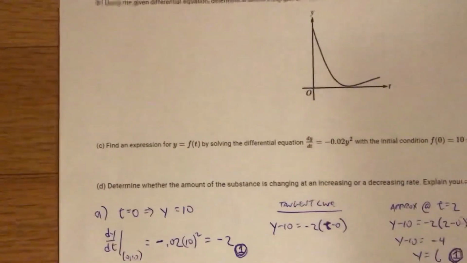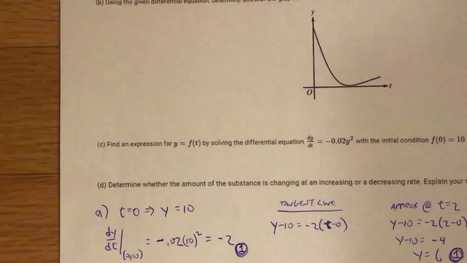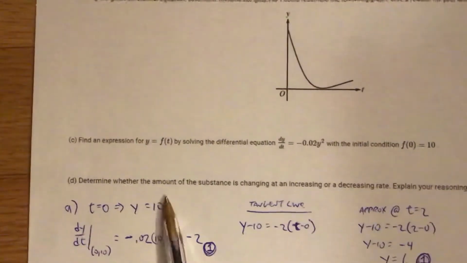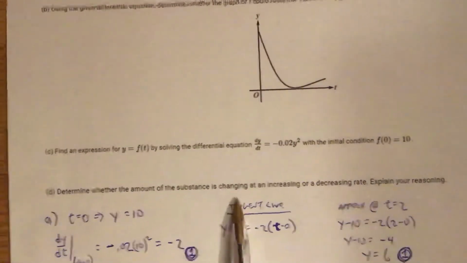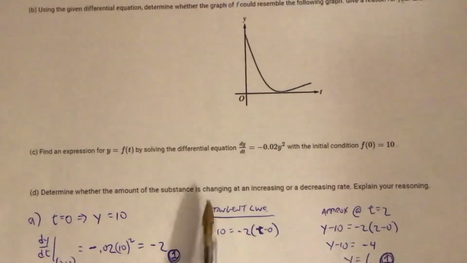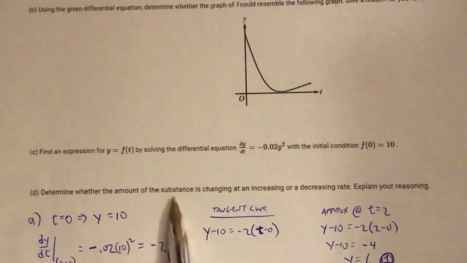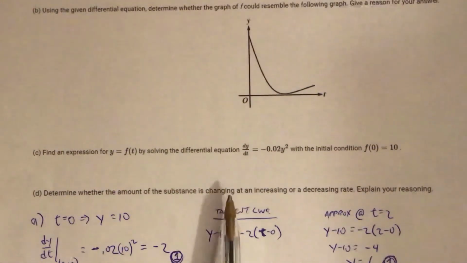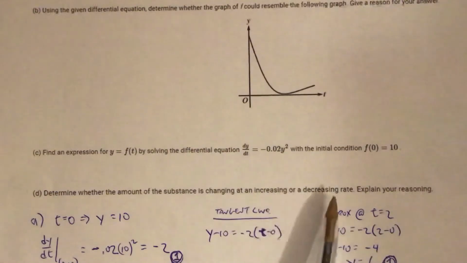And then lastly, and this gives a lot of people problems because of the wording. It says determine whether the amount of substance is changing at an increasing or decreasing rate. So it's asking us about how the substance is changing, whether its change is increasing or decreasing.